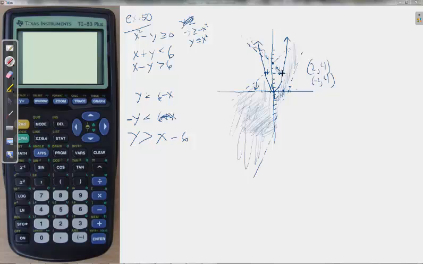Yeah, 6 minus x would be correct. So this one would still exist, but this one wouldn't. That one would get me right, but the other one, 6 minus x, yeah, this one is wrong. There's no one with positive over there. So this one is wrong.